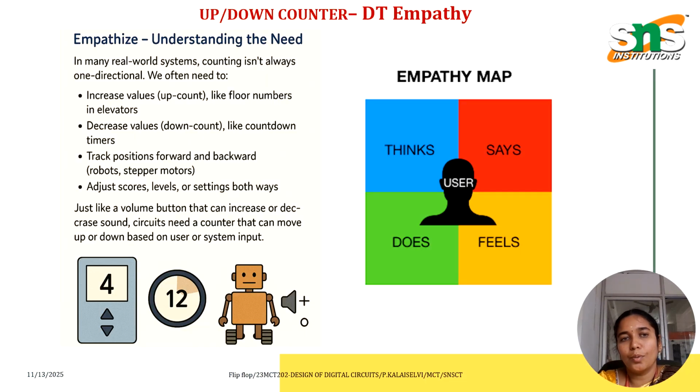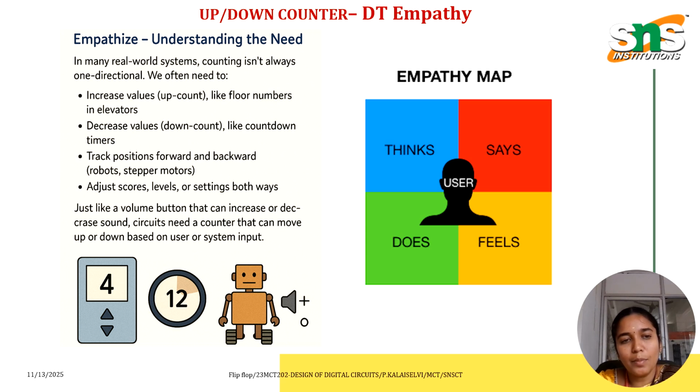Okay, so we have to design an up down counter. Here is the empathy part. First we have to understand the need for an up down counter. In many real world systems, counting is not always one directional. We often need both: increasing values, like up counting, for example floor numbers in elevators 1, 2, 3, 4; and decreasing values, like down counting in countdown timers.